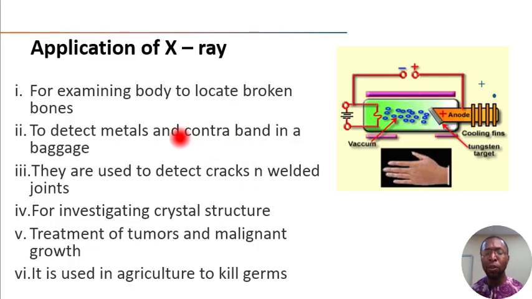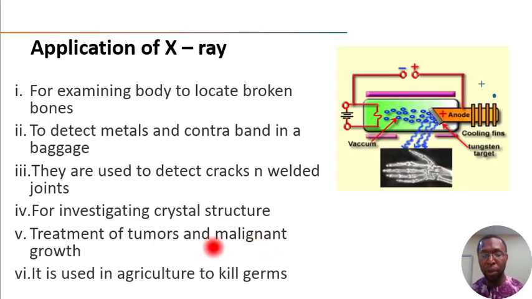Because of the high penetrating power too, you can use X-ray to detect contraband in a bag, because it can penetrate. They are used to detect cracks as well in a welded joint, and they are used for investigating crystal structures. They are used for treatment of tumors and malignant growth in the body, and they are used also in killing germs in agriculture.